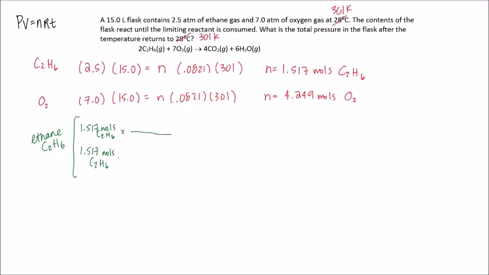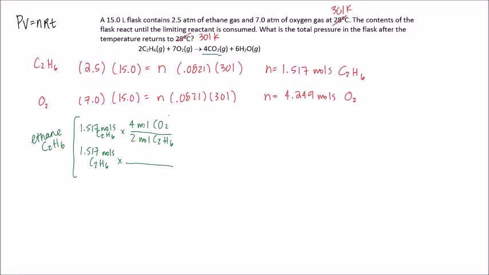So we're going to do some dimensional analysis and also use mole-to-mole ratios. The first product is CO2, carbon dioxide, and the moles for that is 4 moles of CO2 over 2 moles of C2H6. Another thing I forgot to mention is to make sure that the equation is balanced beforehand.